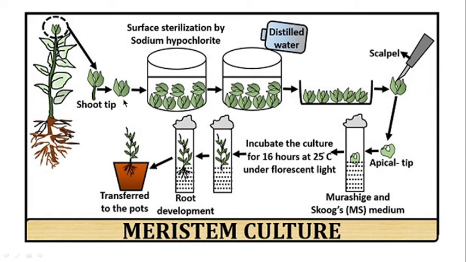Here the shoot tip is isolated from the plant. Then surface sterilization of that shoot tip is done with sodium hypochlorite. Sodium hypochlorite has a high oxidizing property and it will protect the shoot tip from bacterial, fungal and any other viral infection.